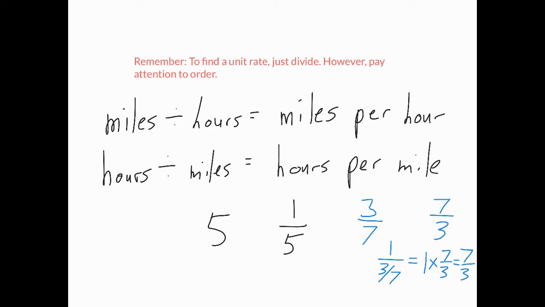So that's why if you had some sort of unit rate problem where the answer should be this, if you divide in the wrong order, you'll get the reciprocal of this, which is this.